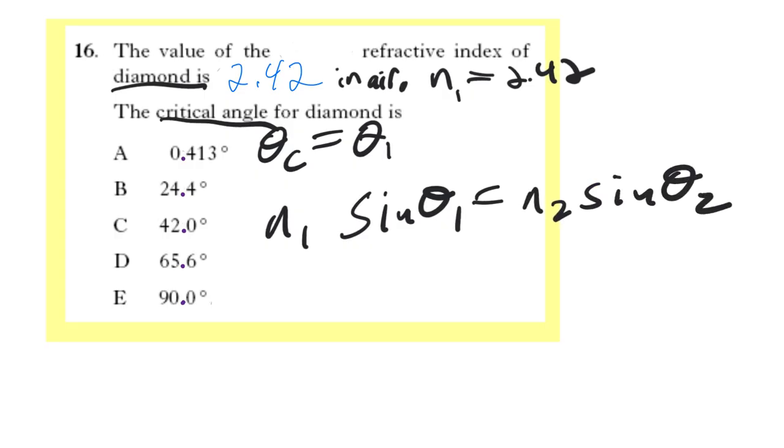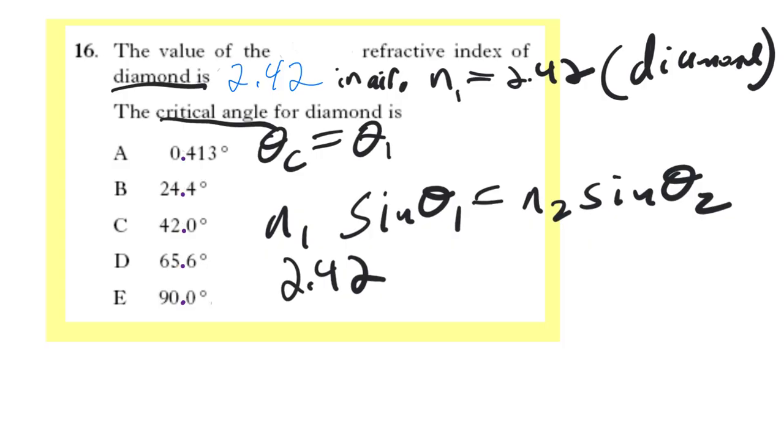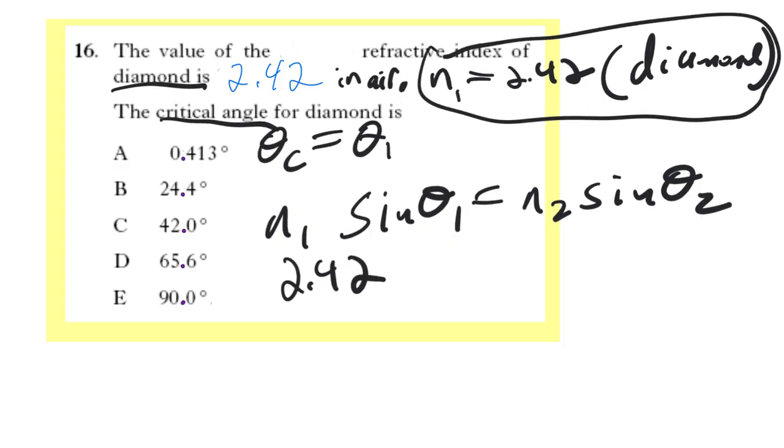So 2.42 is the n of diamond. The n of air, which is n2, is 1, just like a vacuum. I mean, you should know that.